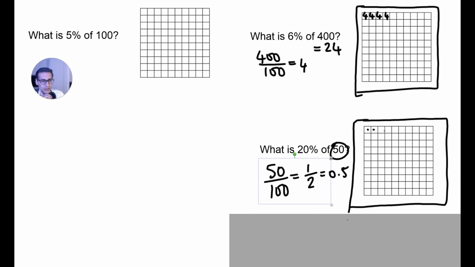So each of these parts is going to be worth half. 20 lots of that, so 20 times a half, will actually give you 10. So 20% of 50 is 10. So that's going to be all of these bits here.